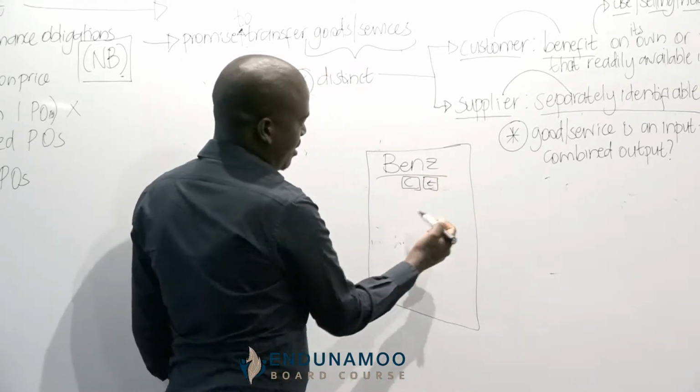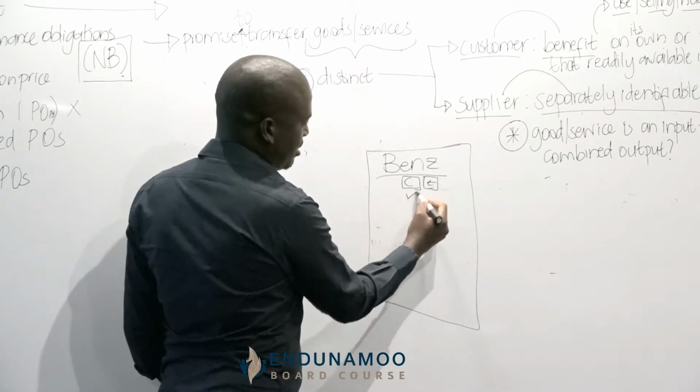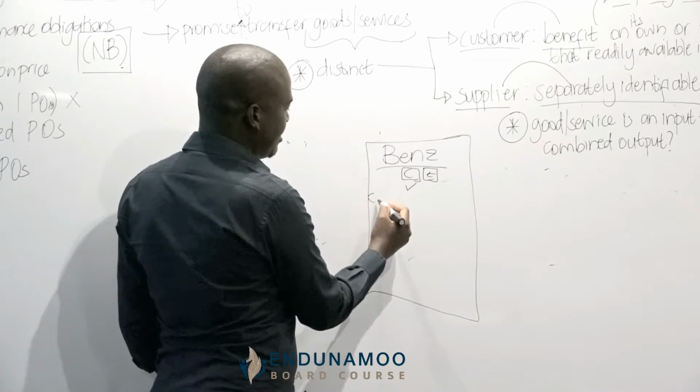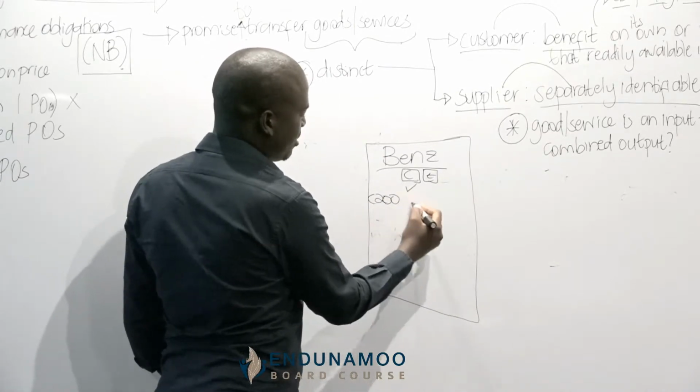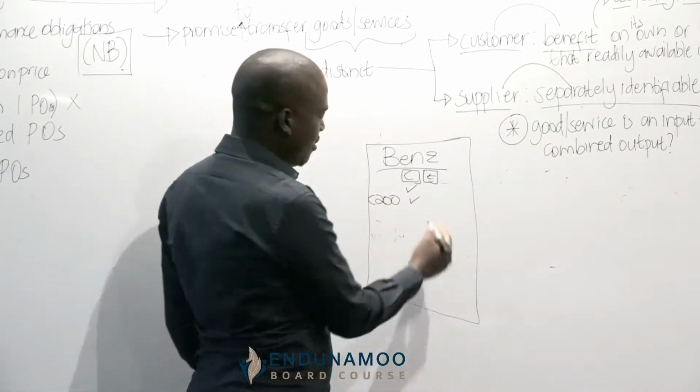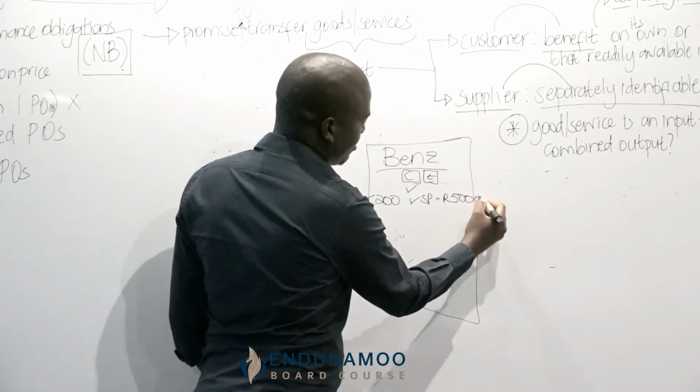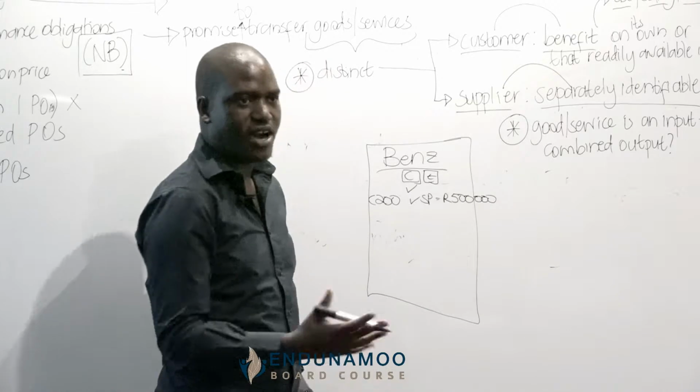You tick that you want a C-Class, and under it, maybe a C200. And they'll say the standard price of a C200 is 500,000, for instance, right?